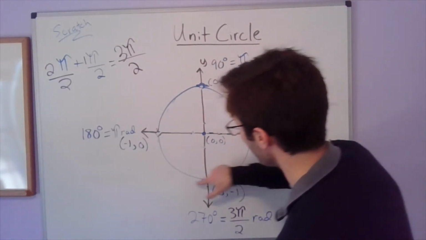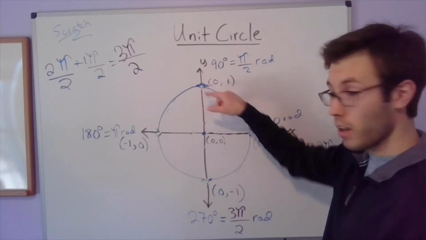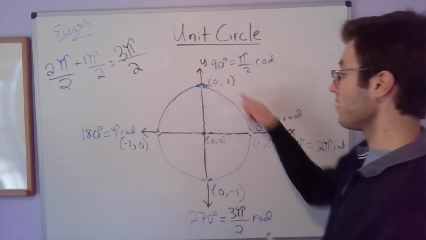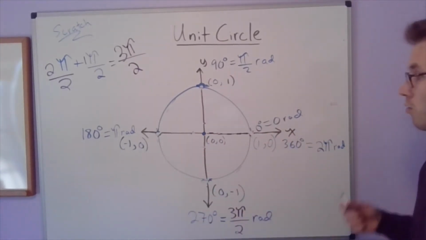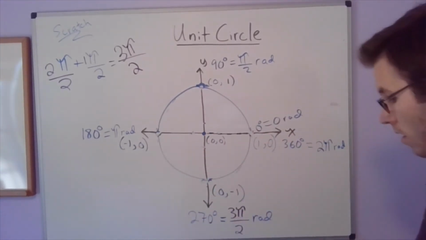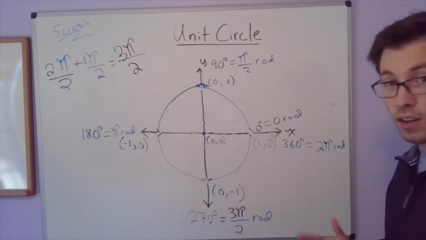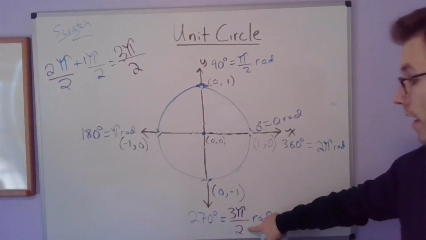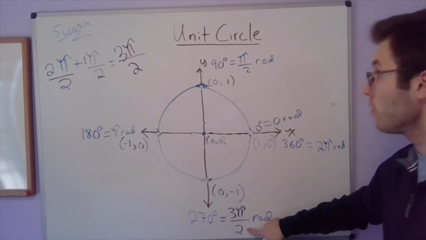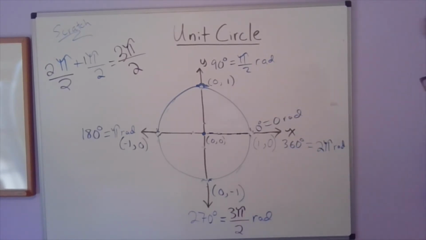This would be negative 270 degrees, or negative 3 pi over 2. And then this would be negative 360 degrees. We could go around the other way. Okay, so I also wanted to point that out. All right. I'm going to erase some of this, and I'm going to get into the next thing I wanted to talk about. So again, that's an important one to know, 3 pi over 2. This is an important one to know, that's pi over 2.